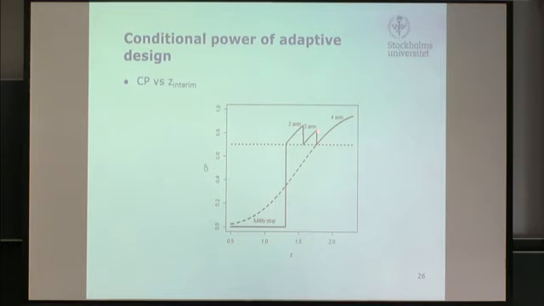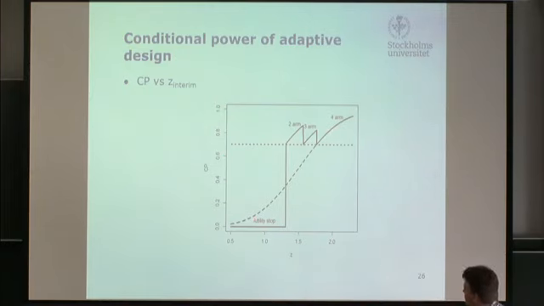If it's lower, then we run a 3-arm trial and increase the conditional power, still ensuring that it's above 70%. And if it's below this value, the interim observation, we go to the 2-arm study. And if it's too low, we stop for futility, and we have no conditional power to be successful.